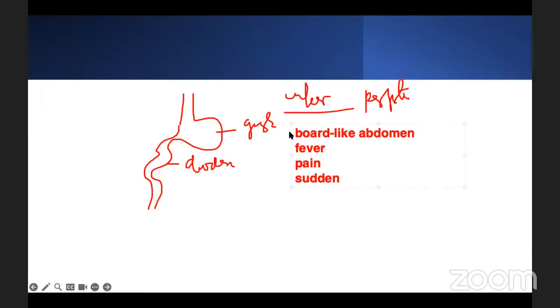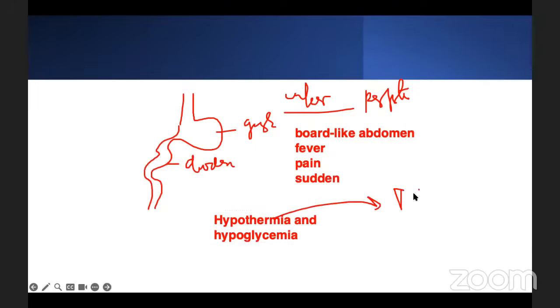problem. Somebody is asking, what is the H in the B-sharp? The H is hypothermia, okay, and hypoglycemia. If your temperature is 96 and somebody's temperature is 103, this guy is deadly compared to this.